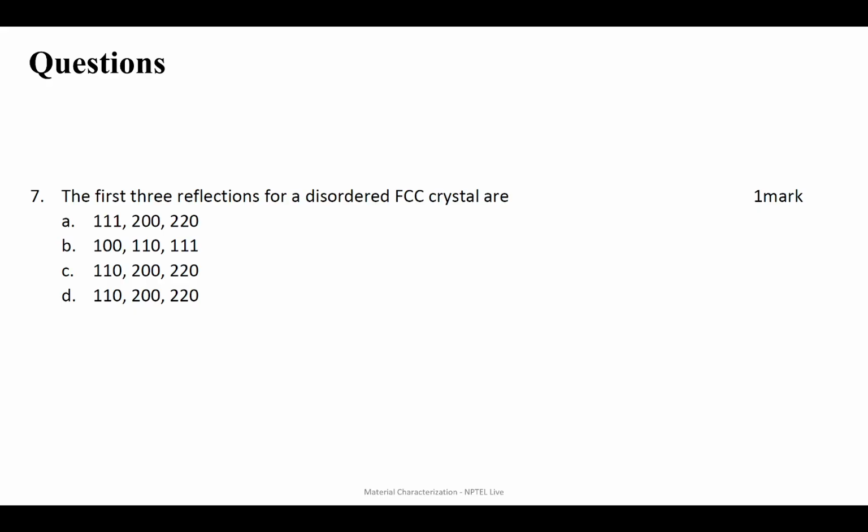The first three reflections of a disordered FCC crystal are 111, 200, 220.